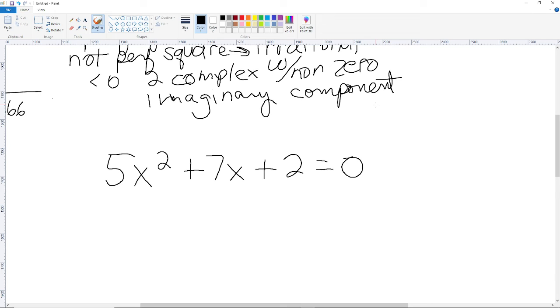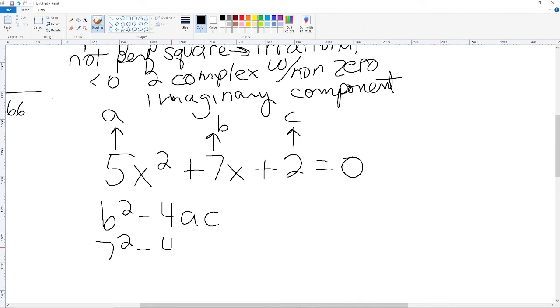All right, so remember, what's in front of the x squared is a, what's in front of the x is b, and then the constant is c. And all you have to worry about to determine which kind of solutions it is, is the discriminant, b squared minus 4ac. So this is going to be 7 squared minus 4 times 5 times 2.